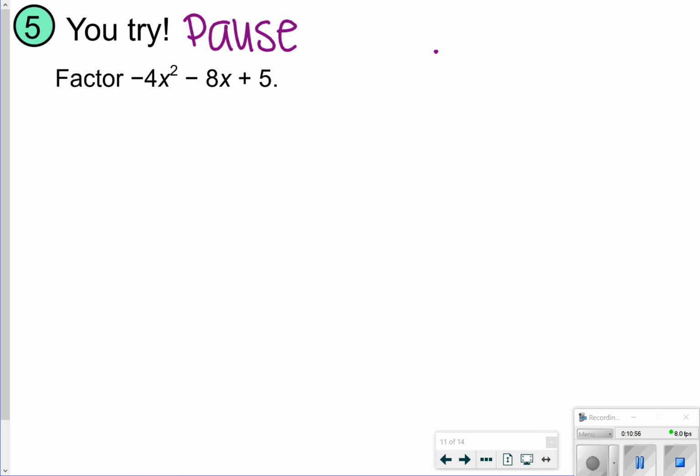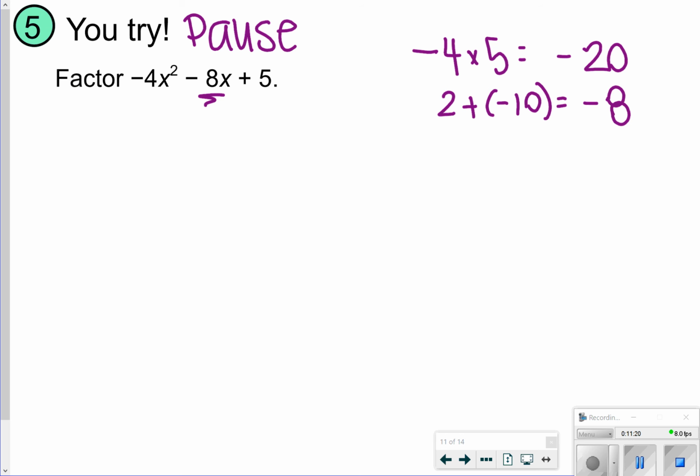Alright, so first thing I did was multiply negative 4 times 5, and that gives me negative 20. So I'm trying to figure out what factors of negative 20 can also give me my negative 8 in the middle. Those factors I chose were 2 and negative 10.